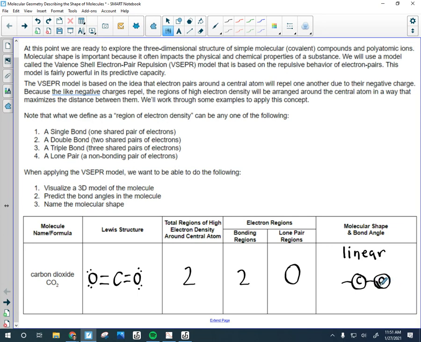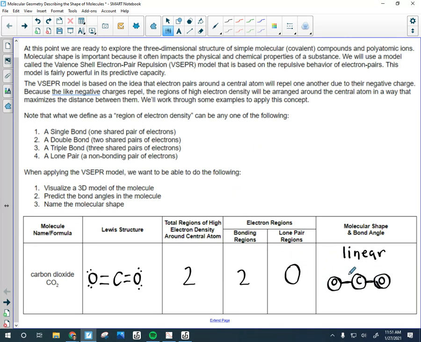And this is a case where the Lewis structure ends up looking a lot like the 3D structure, but that won't always be true. Okay, this is a bond, and I don't really worry about in this picture whether it is a double bond, a triple bond, or a single bond. So the other thing I want to note in this square is the bond angle.